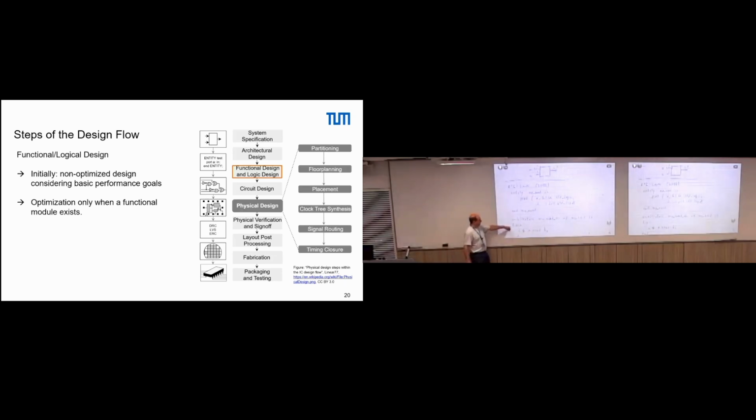Nevertheless, what do we see? We have a begin and end. That's the actual description of the hardware. And then we have C, then this strange arrow here, and then we have A and B. So this here is actually not a classic RTL description. It's called a behavioral description.